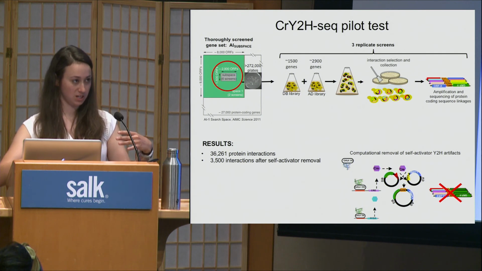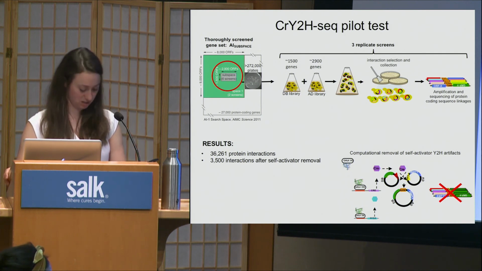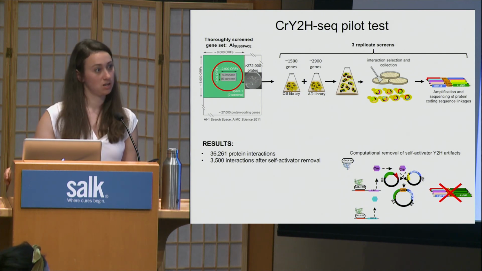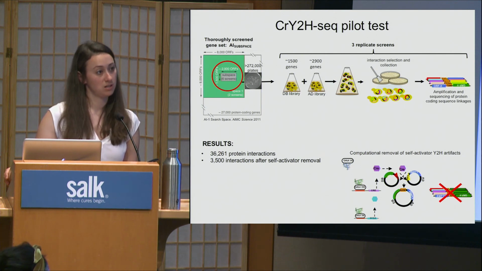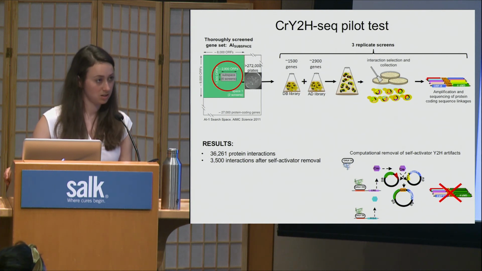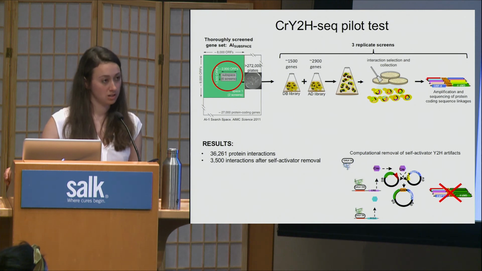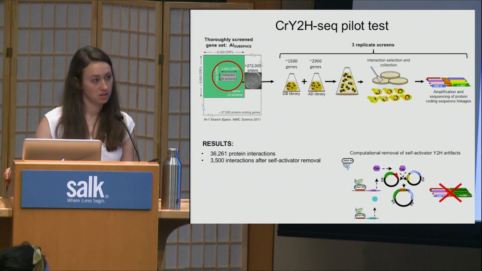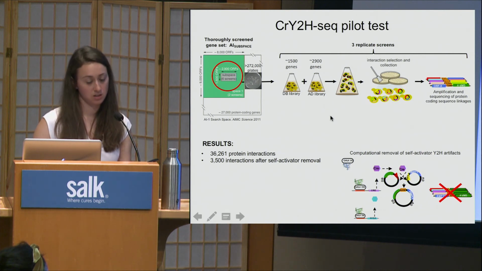If it were just random, A and B interact, you would expect kind of a 50-50. You would expect everything to be found in both directions if you sequence sufficiently deeply and if you mix sufficiently much. But perhaps this was in part because your DB library and your AD library had different sets of genes in them.